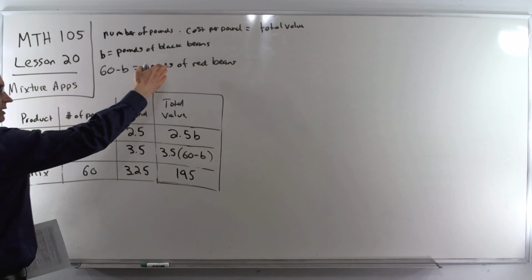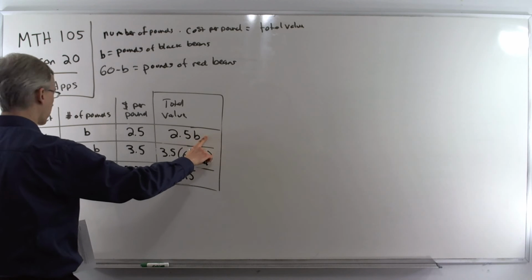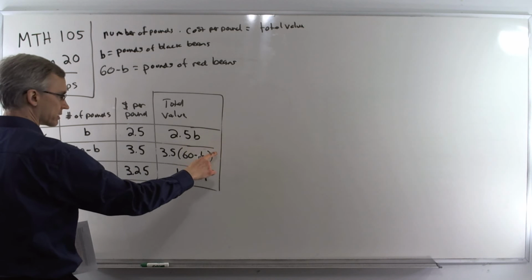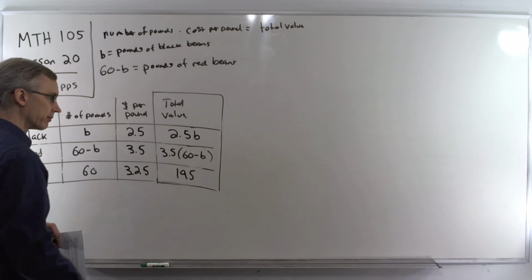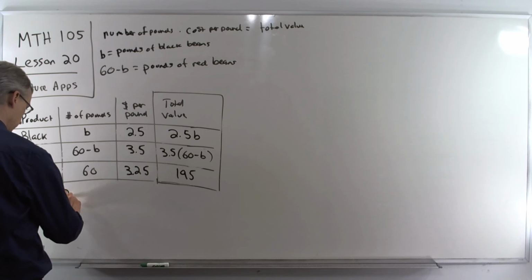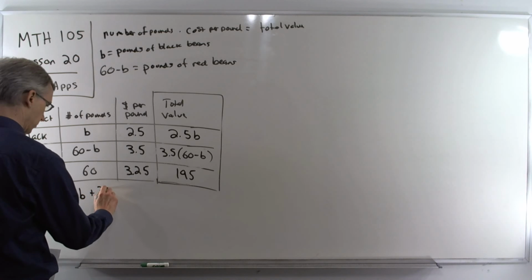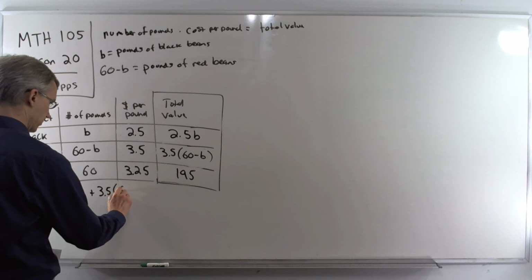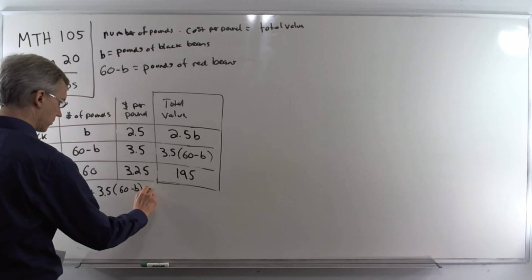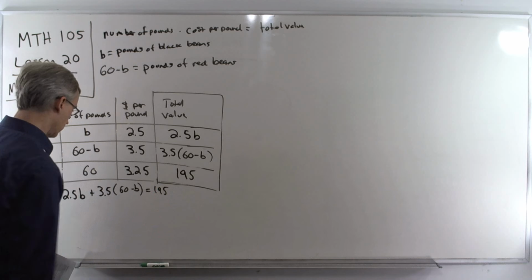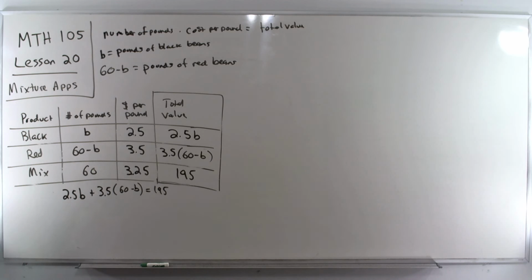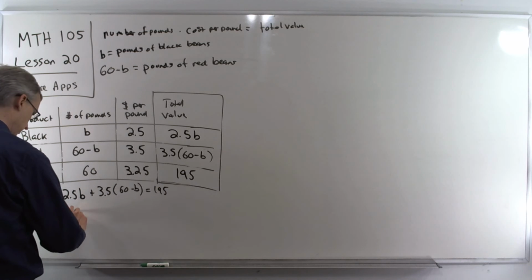Now we can create an equation out of this column. The total value of the black beans plus the total value of the red beans is the total value of the mix. And so there's the equation we need to solve. So I'm going to start by distributing.